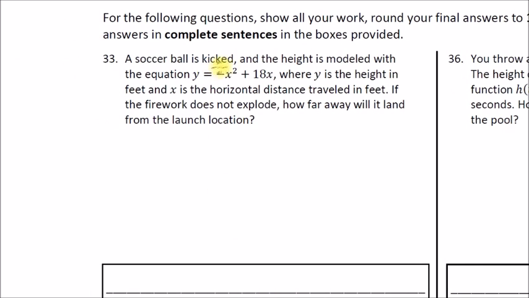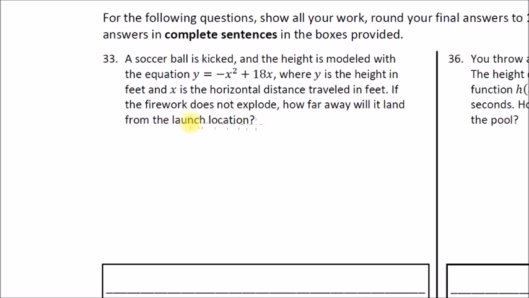A soccer ball is kicked, and the height is modeled with the equation y equals negative x squared plus 18x, where y is the height in feet, and x is the horizontal distance traveled in feet. So now we're not looking at time, we're looking at how high the soccer ball goes and how far away it goes.